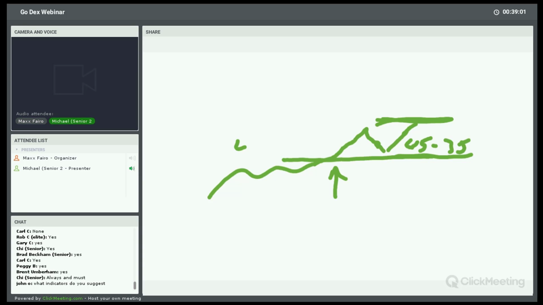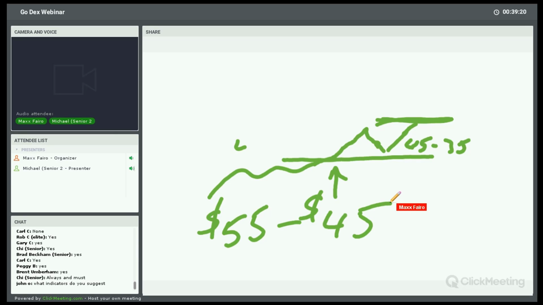The reason being is, what happens if this trade loses, right? Let's say I got in for the buy side, and I got in for $55 from this side. So that's a $45 profit. If I win, I win 45 bucks. If I lose, I lose 55. And that's one trade.